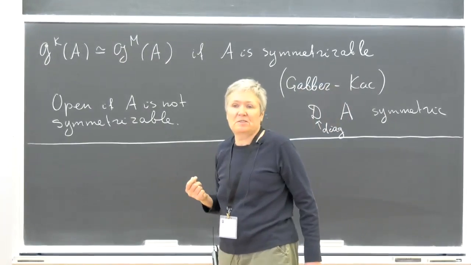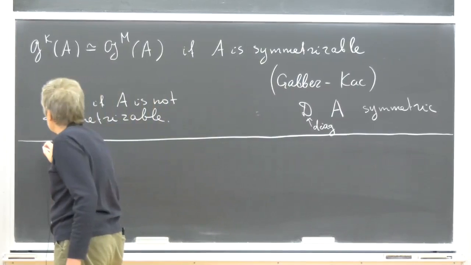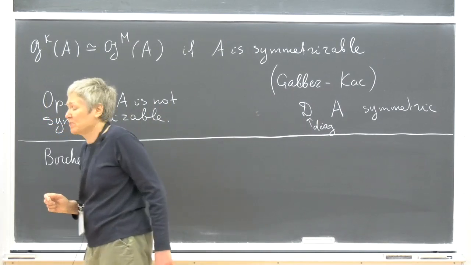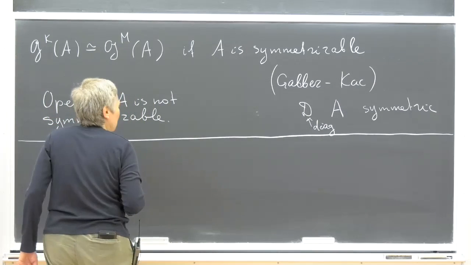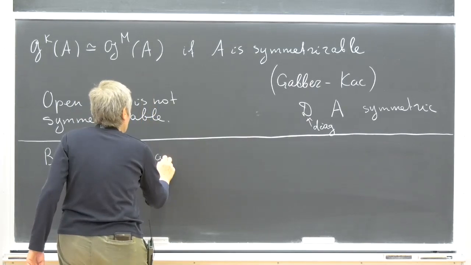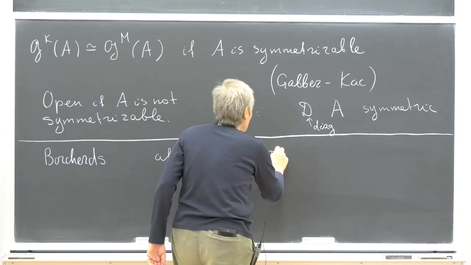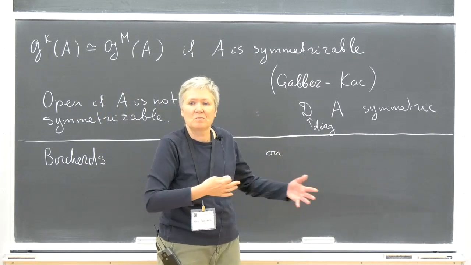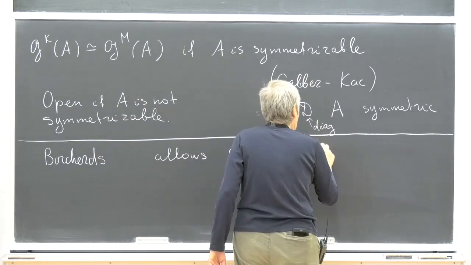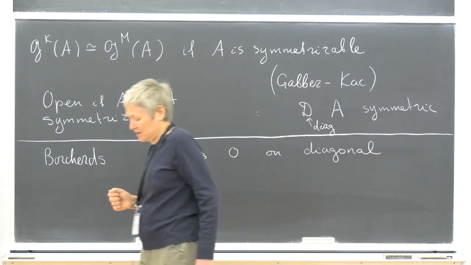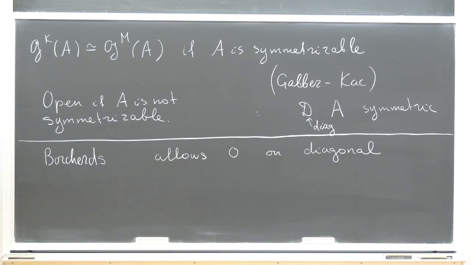One is very famous, by my colleague from Berkeley, Richard Borcherds, who allows zeros on the diagonal. He solved the famous problem about moonshine and the monster group using these generalized Kac-Moody algebras, as he called them.